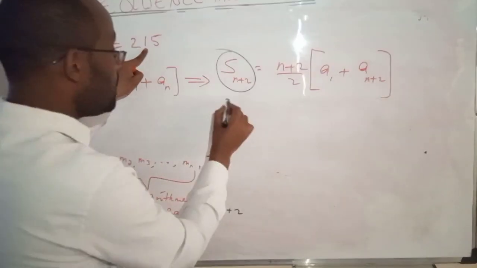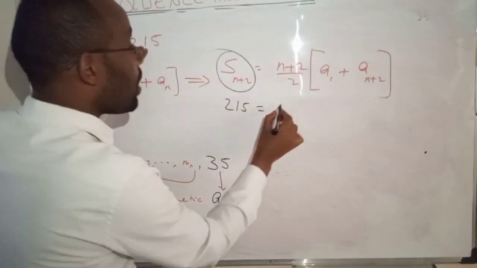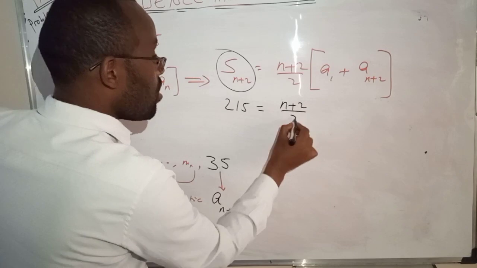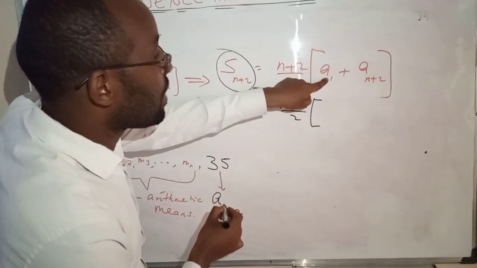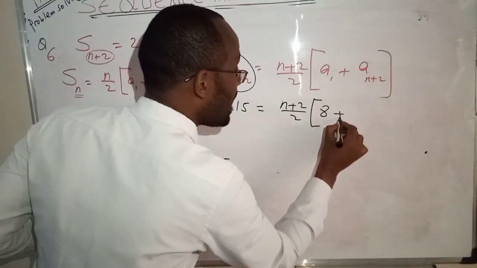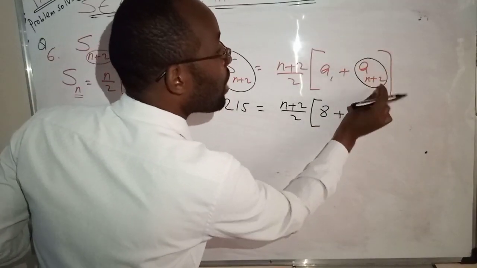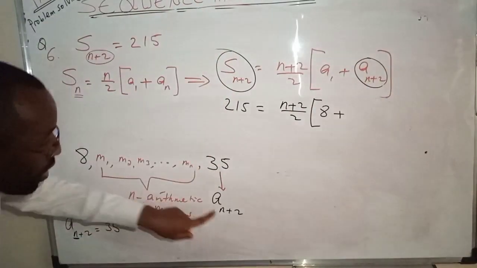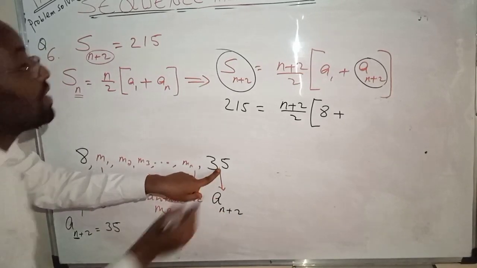which is 215 is equal to (n+2)/2 times our first term a1, which is 8, plus a(n+2), our last term. So our a(n+2) is 35.